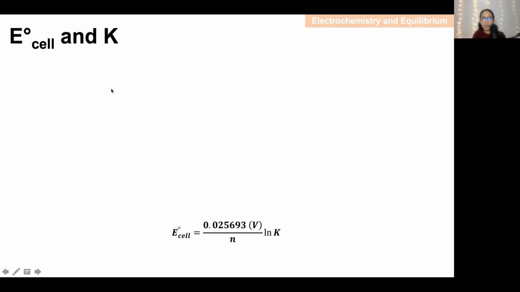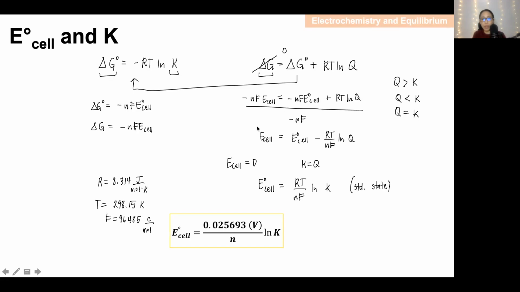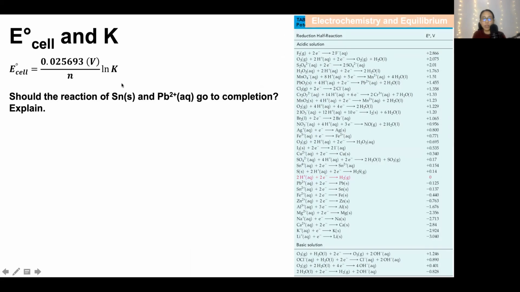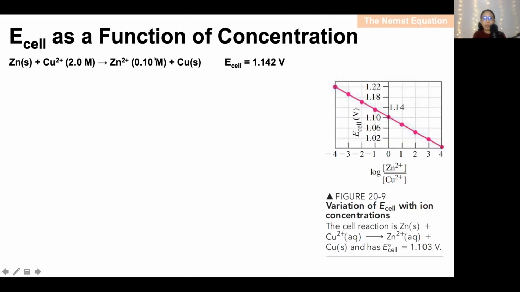Now again, class, we saw what is called the Nernst equation, right? This is your Nernst equation. This Nernst equation shows the relationship of cell potential with concentration. Cell potential as a function of concentration is displayed by the Nernst equation.